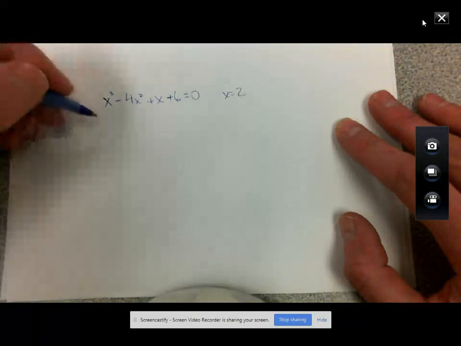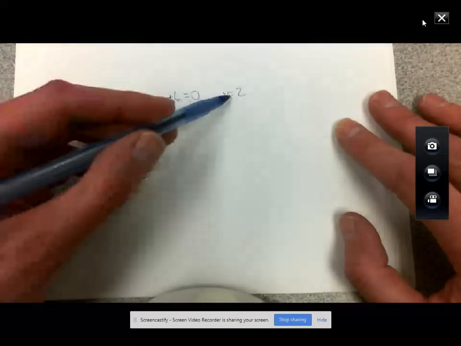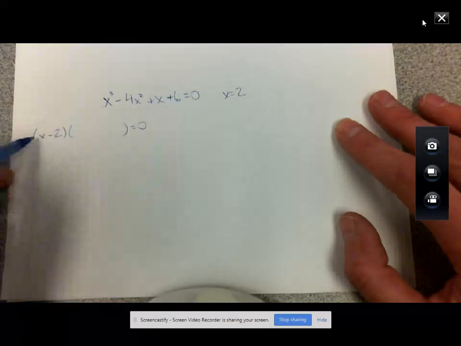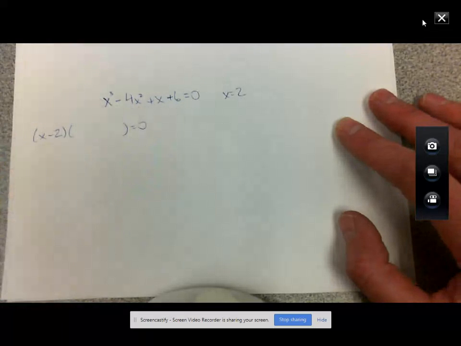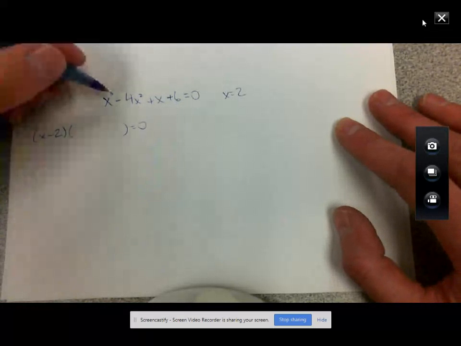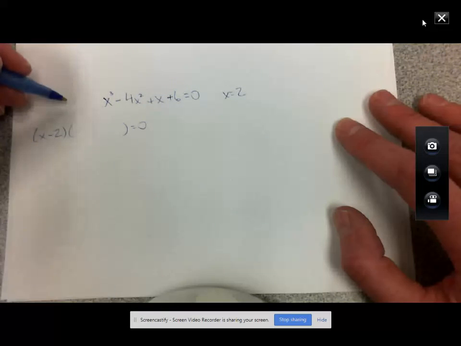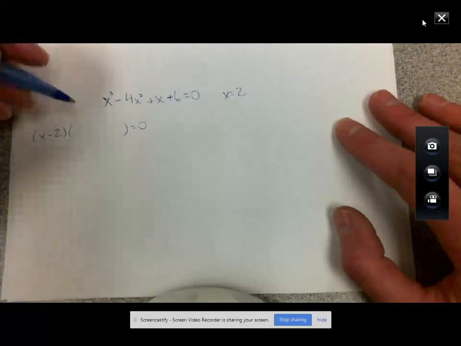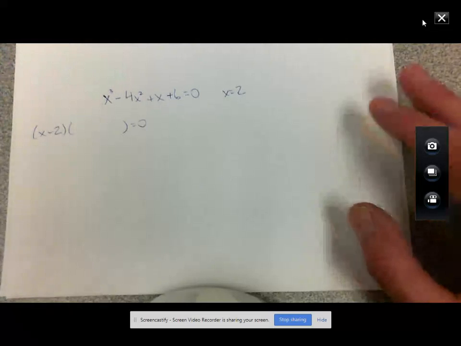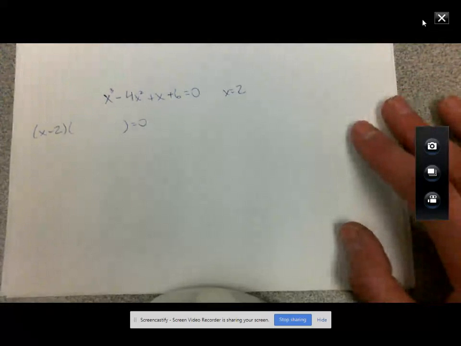So once I figure out the other factor, one of the solutions would be 2, which means I'm factoring out an x minus 2. You could either then do x cubed minus 4x squared plus x plus 6 and do long division divided by x minus 2 and factor it out that way, or you can use synthetic division. I'm going to use synthetic division just to speed up the process.